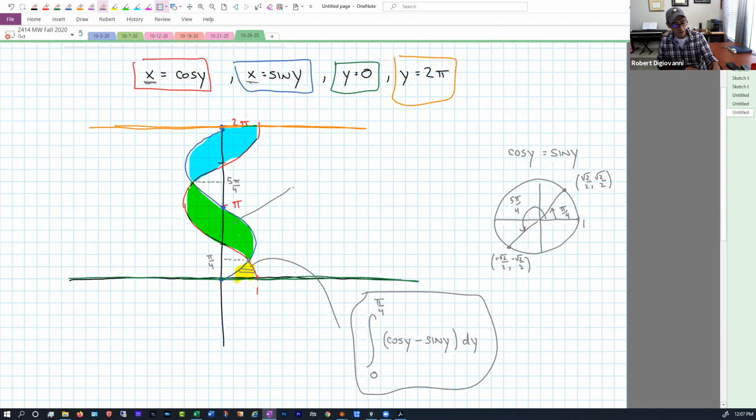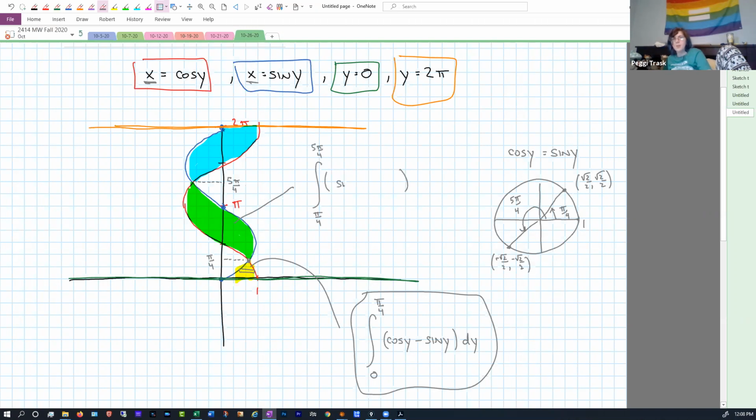So the green integral will go from, who wants to tell me what this integral is? It's from pi over 4 to 5 pi over 4. And then it's sine y minus cosine y, in relation to y.